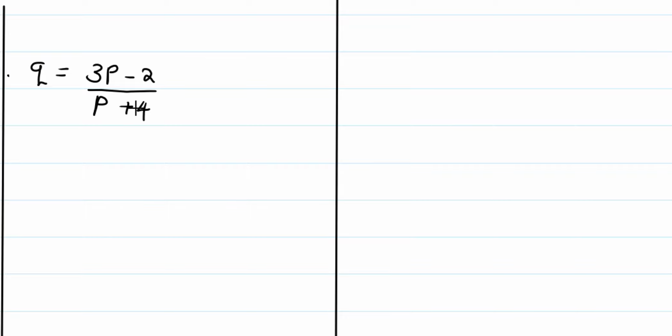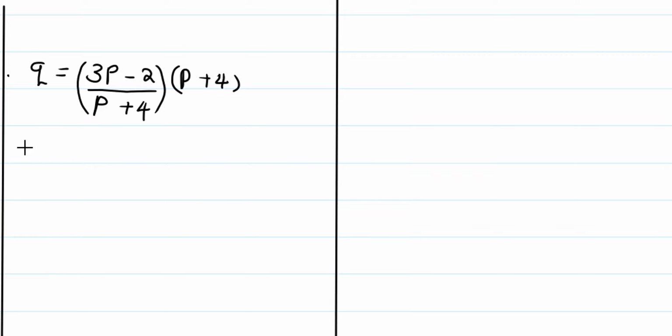Since it's dividing this numerator here, I can just put the whole thing in brackets, and then I multiply it with p plus 4 like this, so that this p plus 4 can cancel with this one here. But then again, since I have multiplied with p plus 4 here, I need to do the same on this left side.